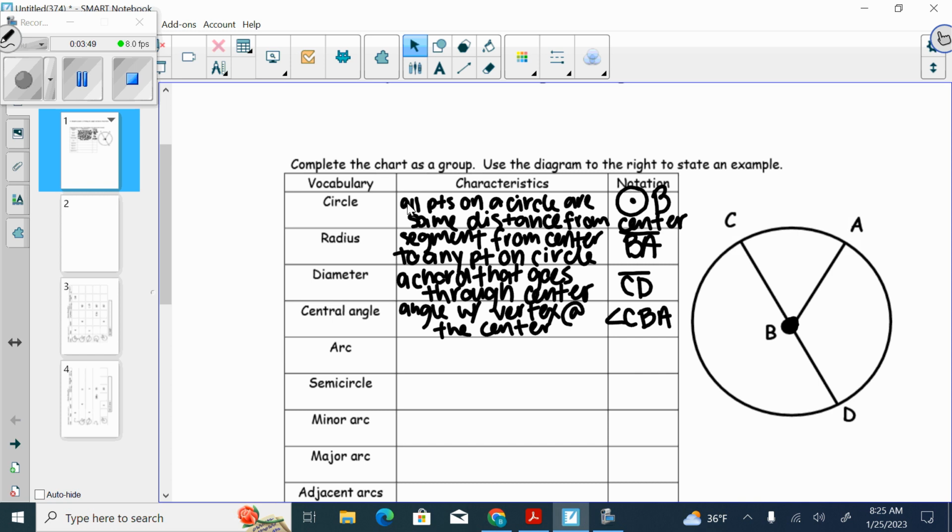Okay. We also talked about arcs yesterday. What did we say an arc was? Right, a portion of the circle. Very good. And remember that you previously talked about going around the outside of a circle being called the circumference, so an arc is basically a portion of the circle's circumference.